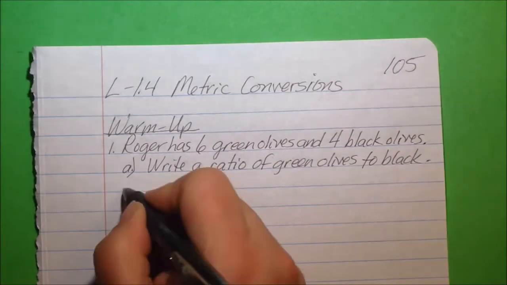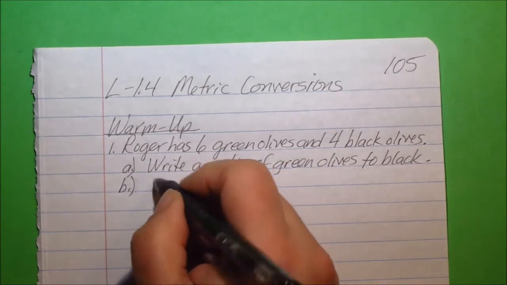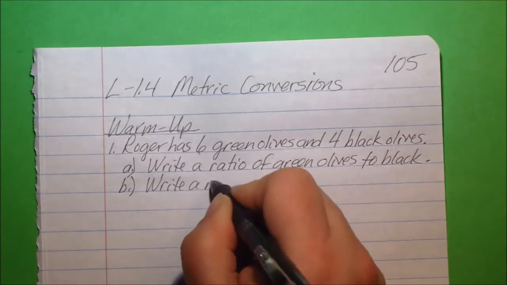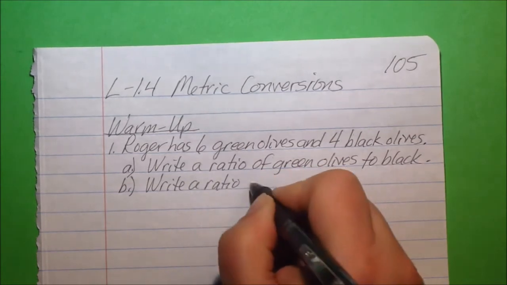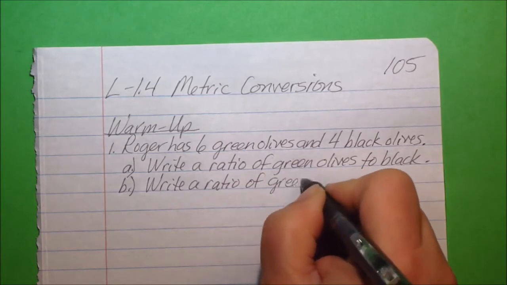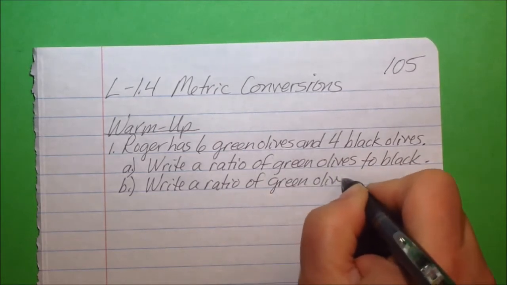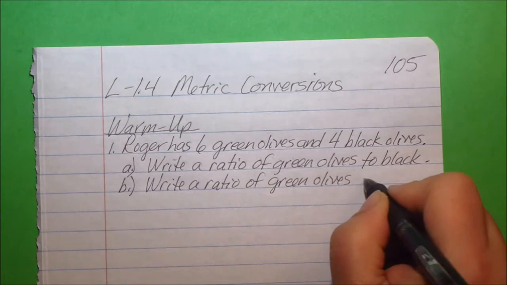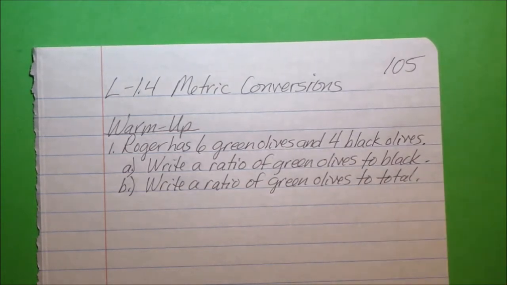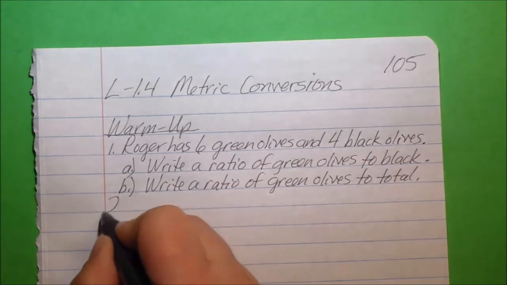Green olives to black olives. All right, and B, write a ratio of green olives to total olives. Okay.